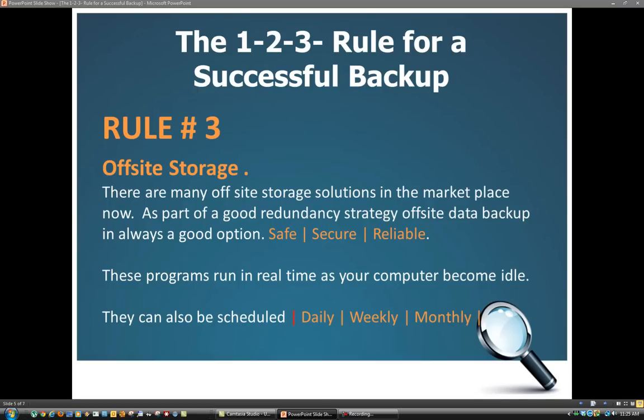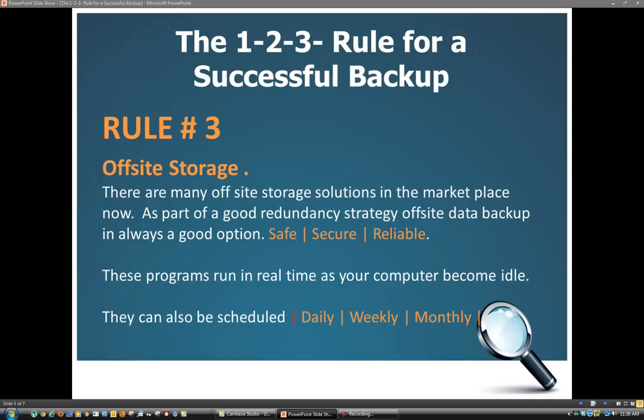There are many off-site storage solutions in the marketplace now. And as part of a good redundancy strategy for off-site data backup, it's always a good option. Safe, secure, and reliable, as well as being cost-effective. While choosing your off-site storage solution, make sure that the data is encrypted getting to your off-site location.